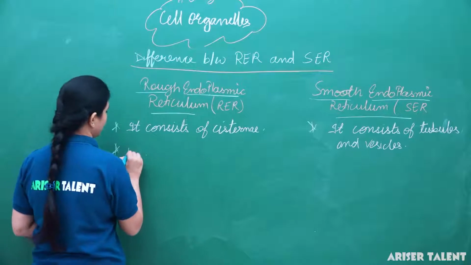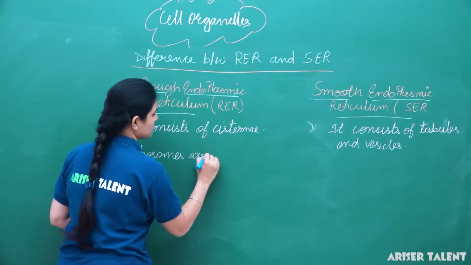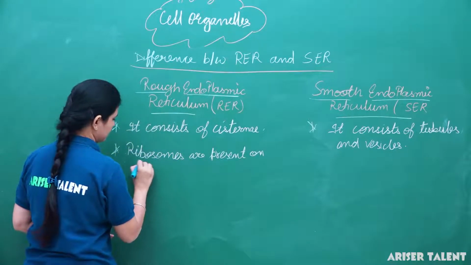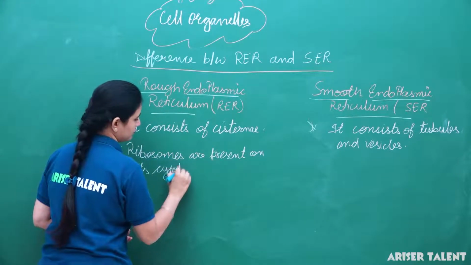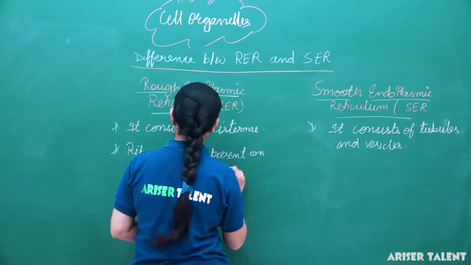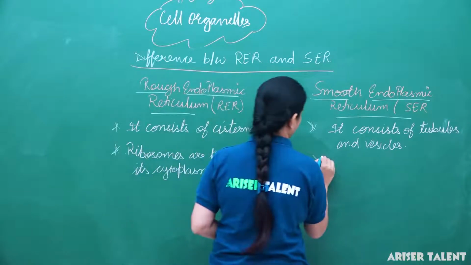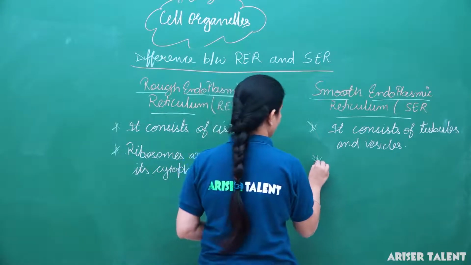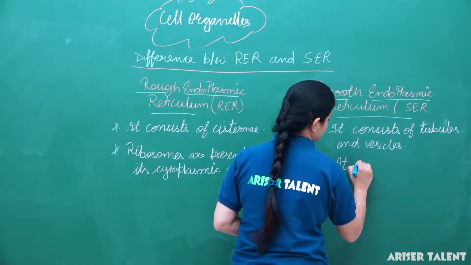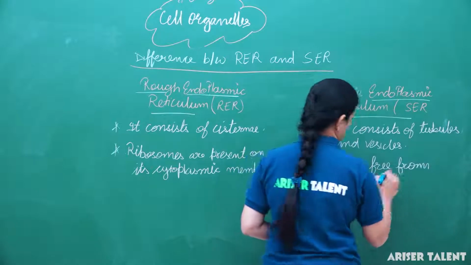So, here we can say ribosomes are present on its cytoplasmic membrane, and if we talk about the smooth endoplasmic reticulum, then it is free from ribosomes.